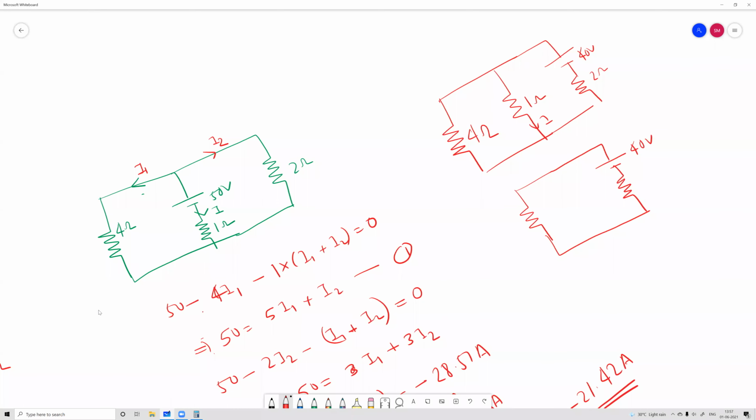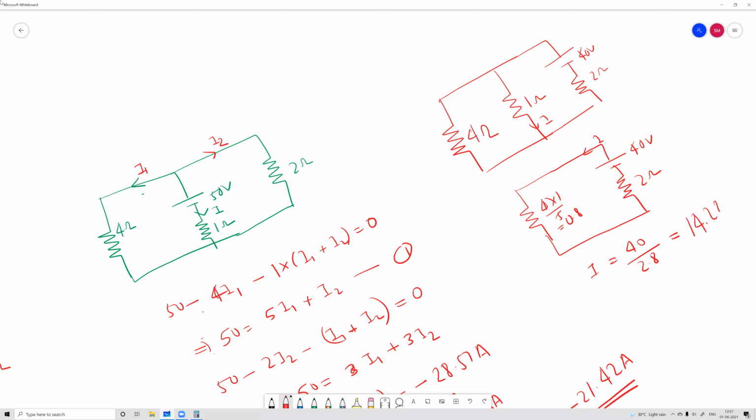इसका भी उतना ही आ रहा है 14.28. Wait. No, 11. I'm going to answer 11.42. This will be 4 into 1 by 5, so 0.8. So this current I will be 40 by 2.8, which is 14.28 amps.